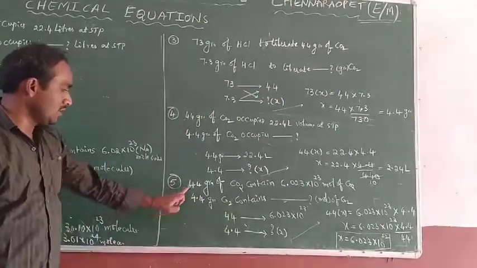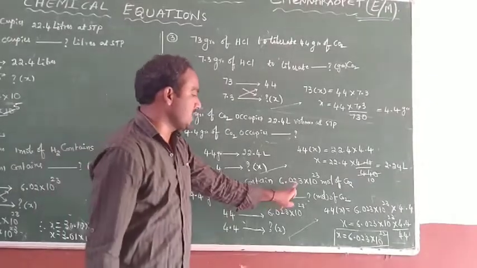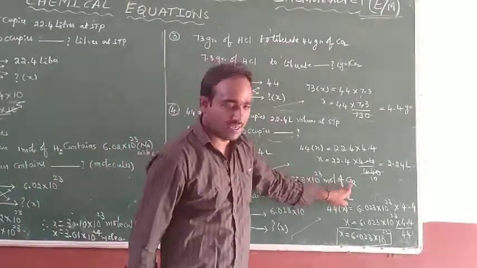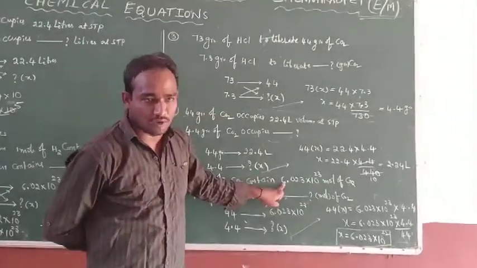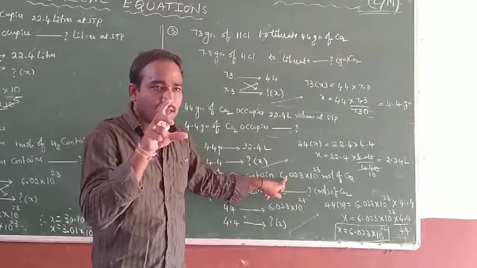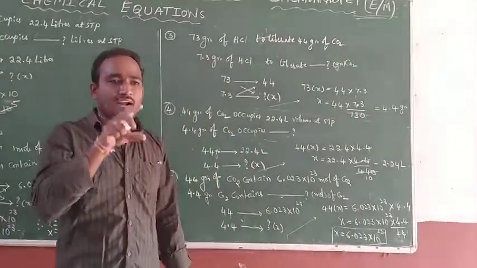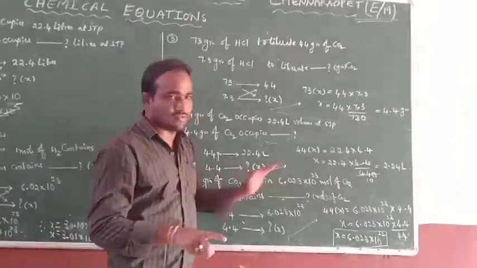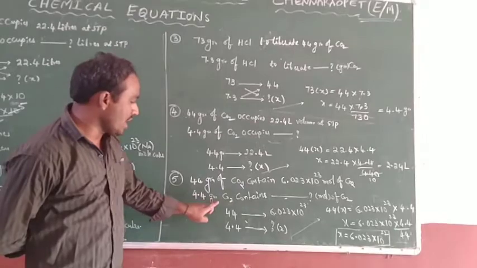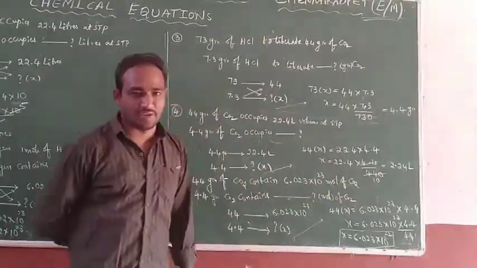And the final one: 44 grams of carbon dioxide contains 6.023 into 10 to the power of 23 molecules of carbon dioxide. It is the value of the Avogadro number. Why do we use the Avogadro number? We can calculate how many atoms there are in a molecule using the Avogadro number. 4.4 grams of carbon dioxide contains how many molecules of carbon dioxide?